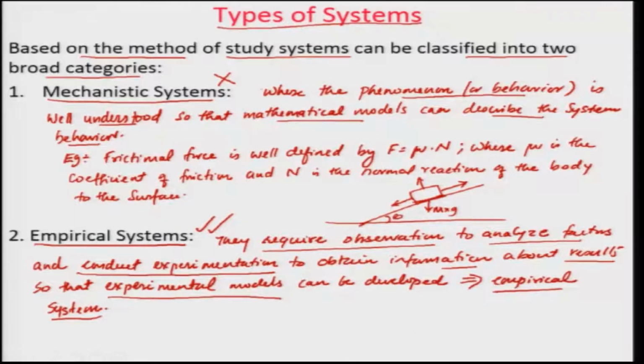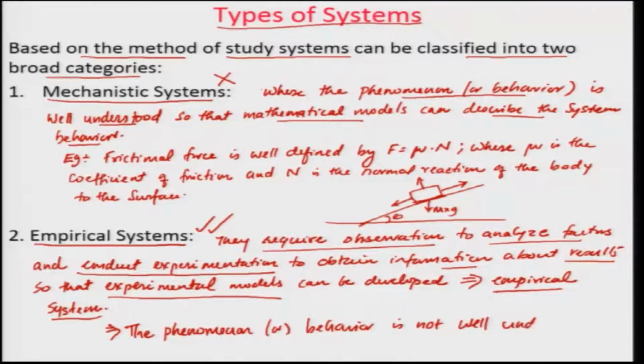The reason for this is the phenomenon or behavior is not well understood. We do not really have a complete understanding of the behavior of the system. That is one of the reasons why we build empirical models of such systems. So, in this particular course, empirical systems are of importance to us.